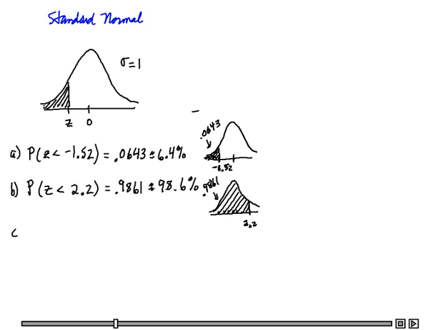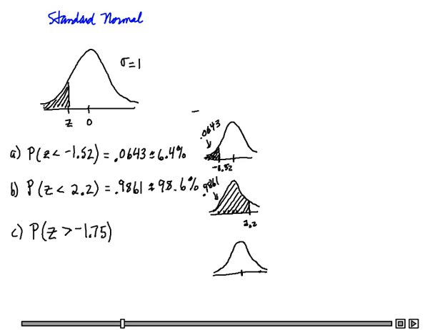Now let's look at one that's a little bit different. Let's find the probability that z is greater than a negative 1.75. In that case, remember it's the area under the density function above the interval.